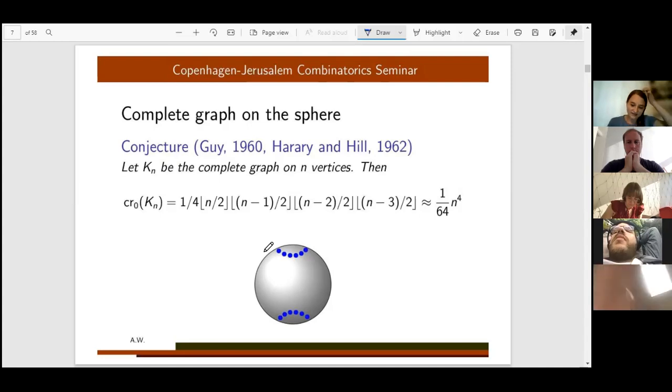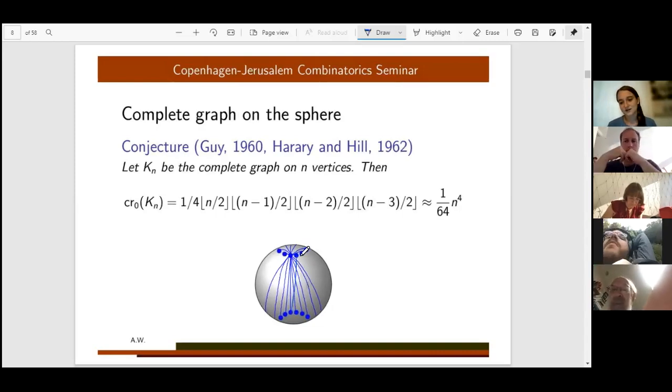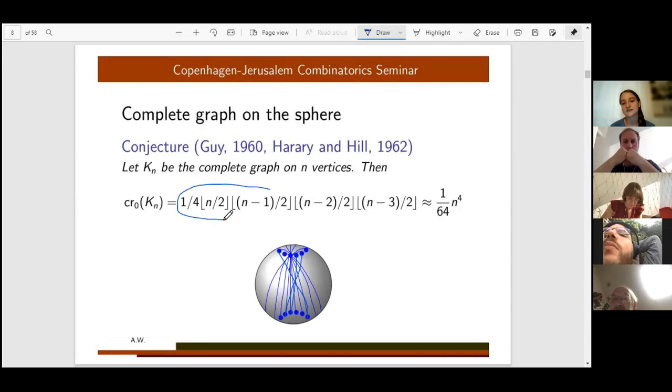And then we put in some edges, and I only drew a few of them to one vertex, but actually all the edges will be present at the end. I'm not going to put them in, it's going to be a bit confusing. If we take these shortest lines between the points, then we exactly achieve this number.